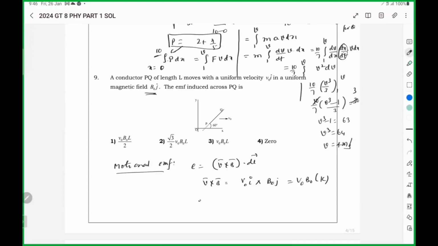So V cross B dot dl, XY plane means any vector we can write. So V naught B naught K times A plus B. So K dot I is 0, K dot J is also 0. So EMF is not induced, right, across the PQ.